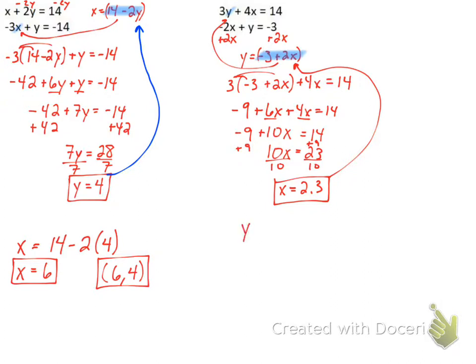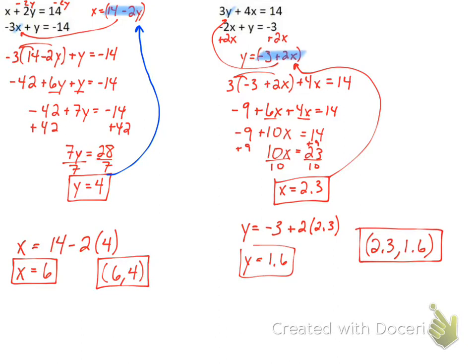And so I get y is equal to negative 3 plus 2 times 2.3. So when I do that, I get, let's see, 4.6, so I think I get 1.6. Yep, 1.6. So my ordered pair solution is 2.3, 1.6. So it's okay to get fractions or decimals.